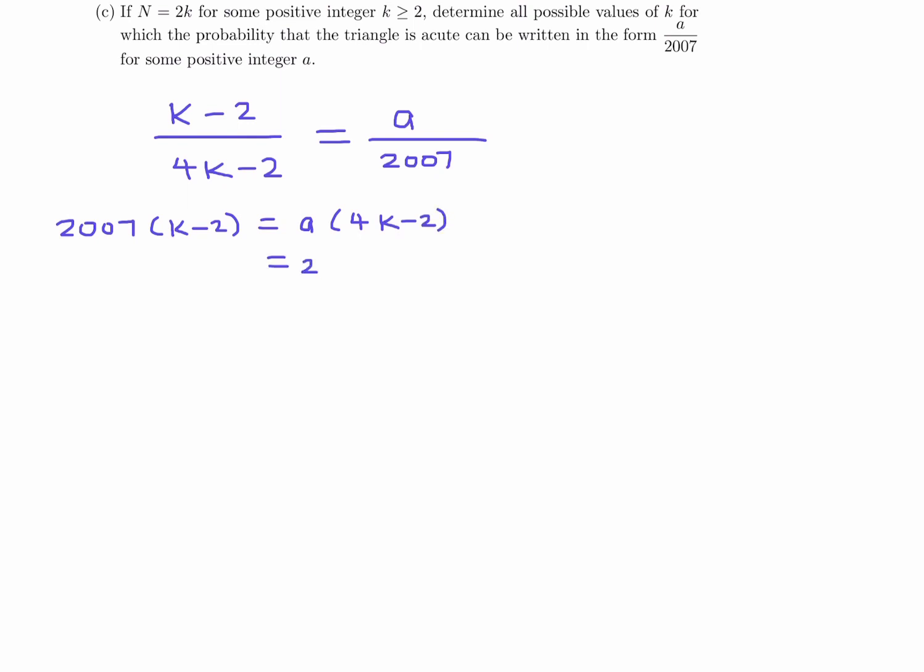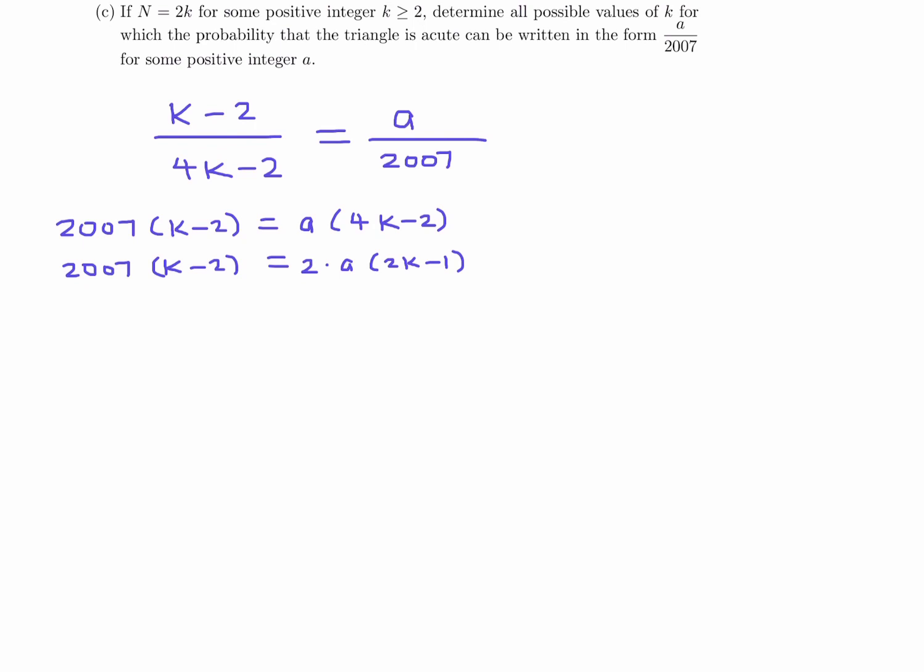Factor out a 2 and you get 2 times a times 2k minus 1, like that, and that left side will be pretty much the same. Now notice this is 2, so that means that this side is 2 times something, so therefore that side is even. If that side is even, that means this side is even.